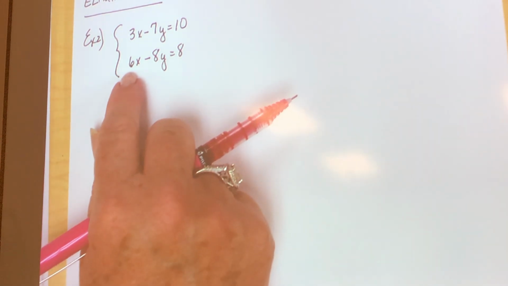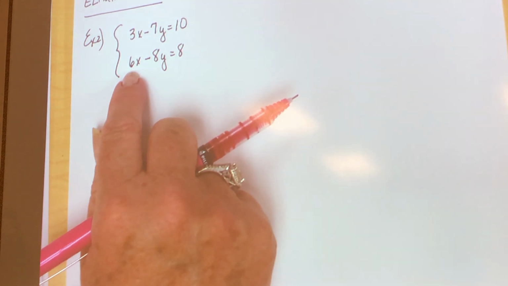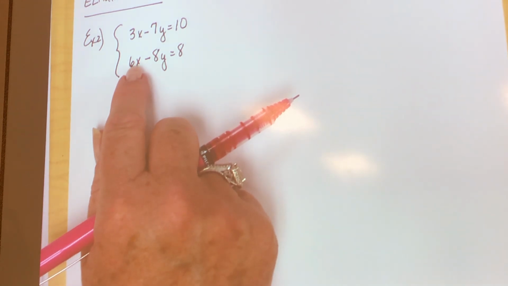So to eliminate them, I want to find the least common multiple between 3 and 6. Y'all listen to me. I did not say the smallest or biggest number that divides into those.